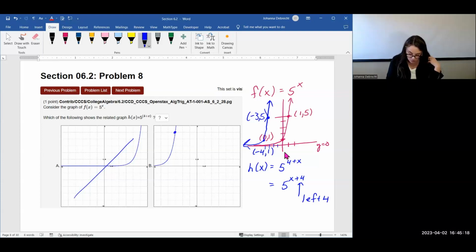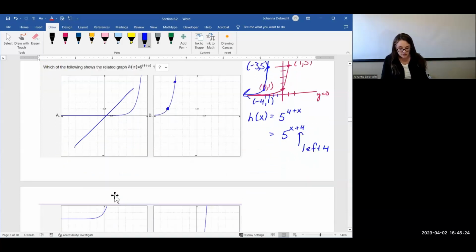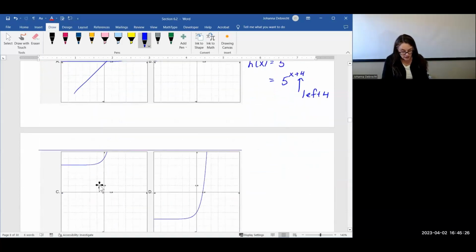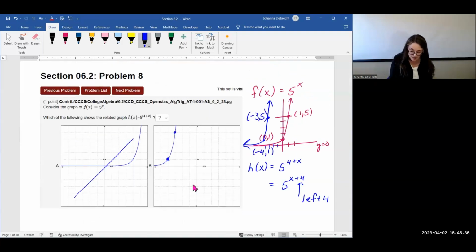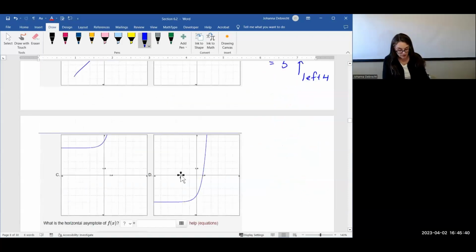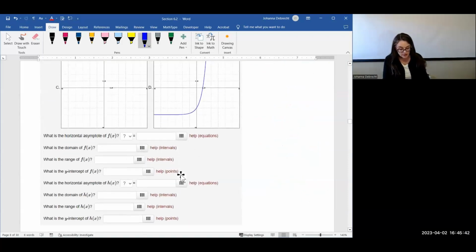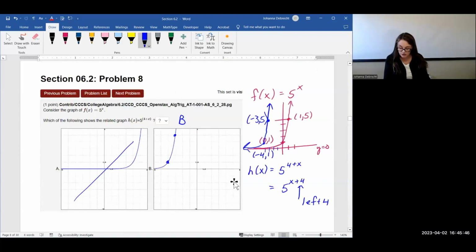And then (-4, 1), 1, 2, 3, 4. It looks like B is probably good. Let's check the other options. This one does not have it shifted up, this one got shifted left, and this one got shifted down. So again, this has got to be our graph. Now it wants to know what is the horizontal asymptote of the original function.